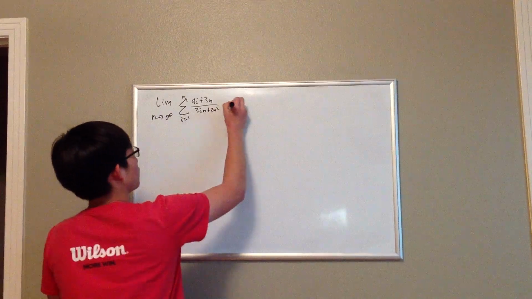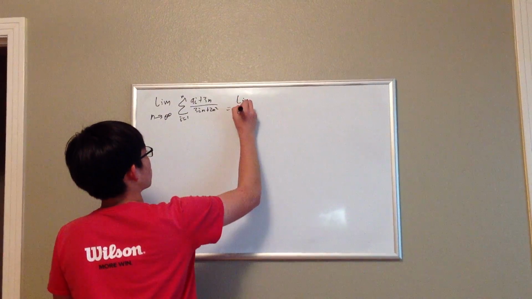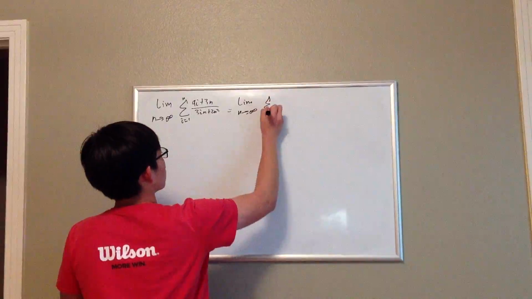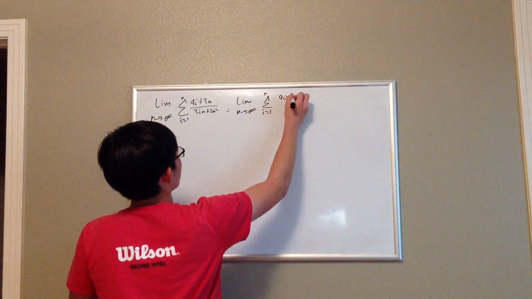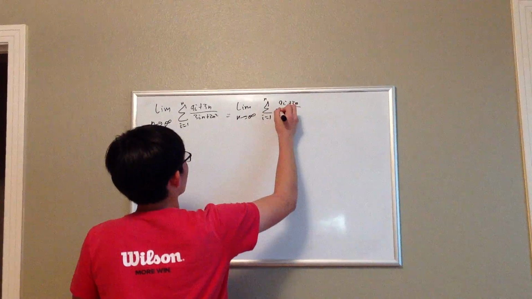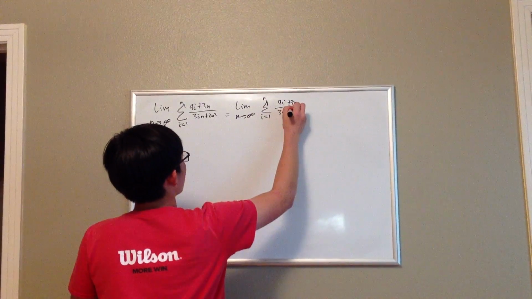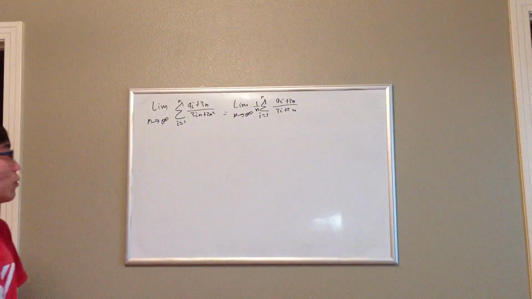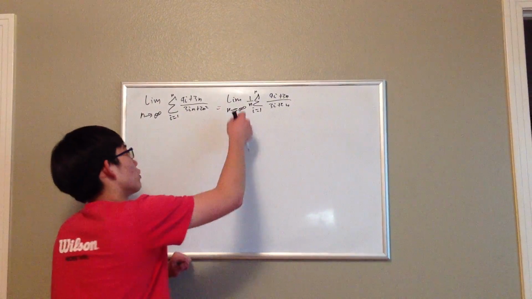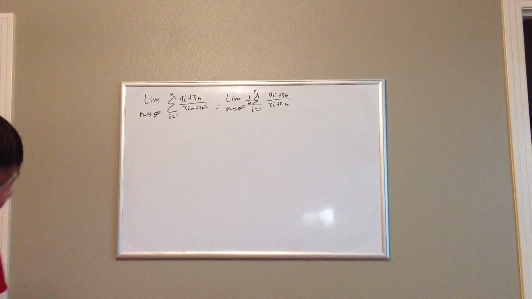So this is actually equal to... basically all we did is pull the 1 over n to the outside.